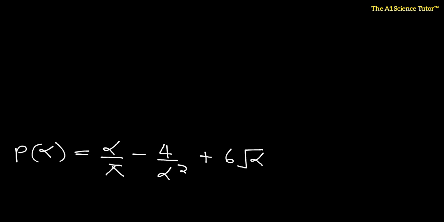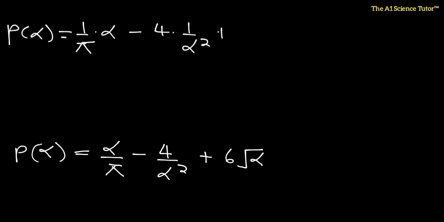So we need to rewrite this. I'm just going to rewrite it up here. So we have p of alpha, that is 1 over pi multiplied by alpha, minus 4 multiplied by 1 over alpha squared, plus 6 multiplied by alpha raised to the power of 1 over 2.